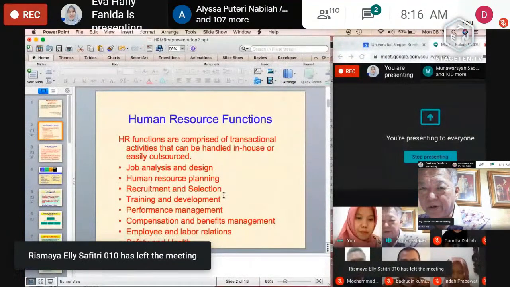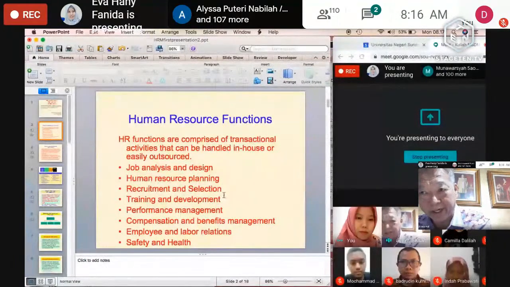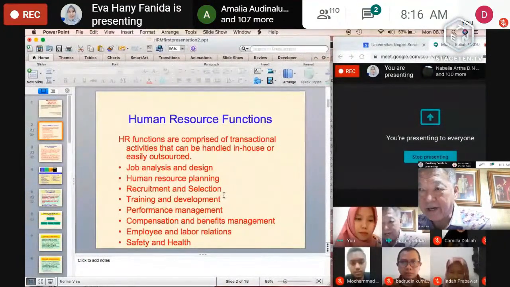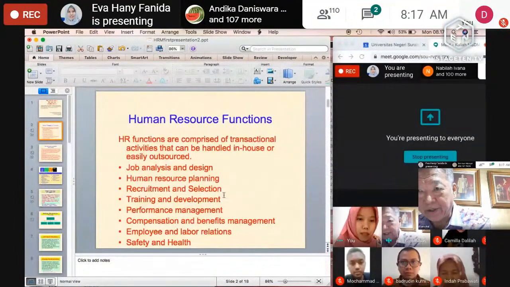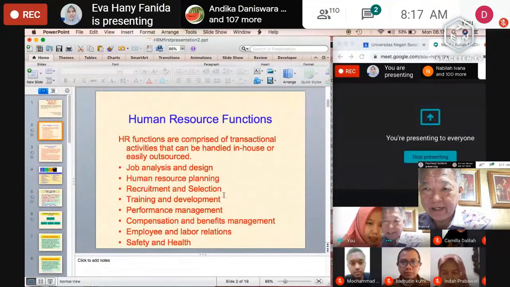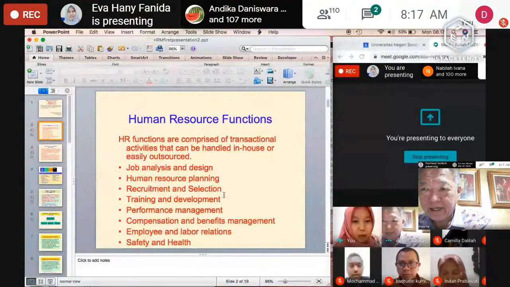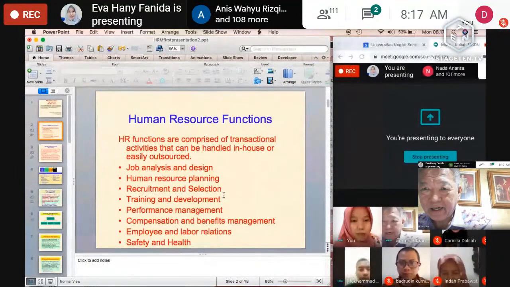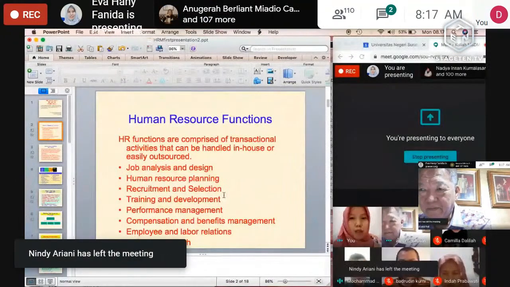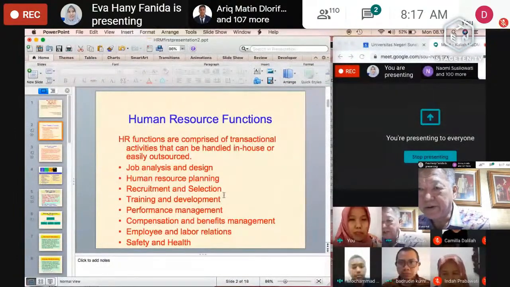Are there any special criteria? Yes, ma'am. Special criteria for the general organization process.